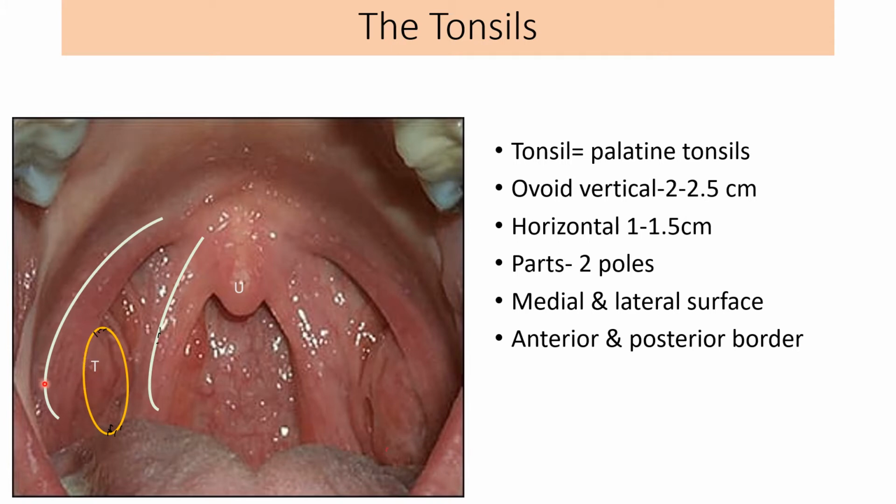The border towards the palatoglossal arch is the anterior border. It is a little submerged within the anterior arch. This one is going to be meeting with the posterior arch. This is the posterior border. So these are the locations and the dimensions of the palatine tonsil.